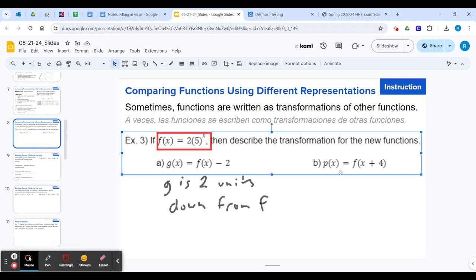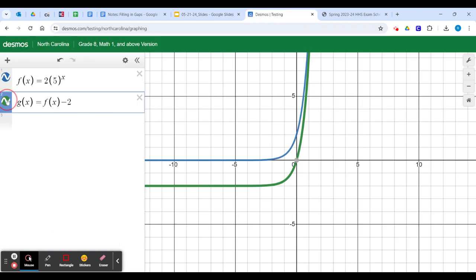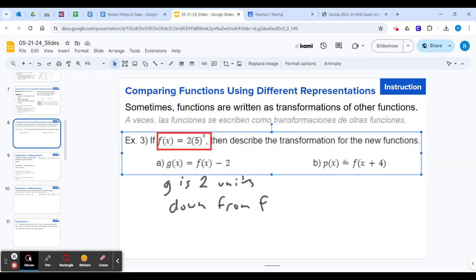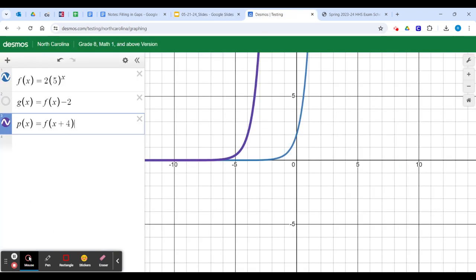Similarly, we could check out what p is. I'm going to turn off g real quick and type in p. And this is f of x, I believe, plus 4. Notice how that plus 4 is inside of the parentheses in our problem. Now we're comparing purple to blue. I'm going to mark this y-intercept point, and count over to see where I hit that on my purple graph.